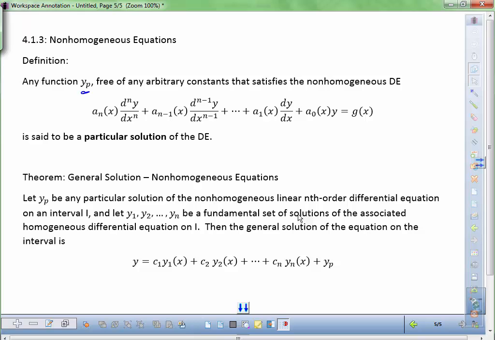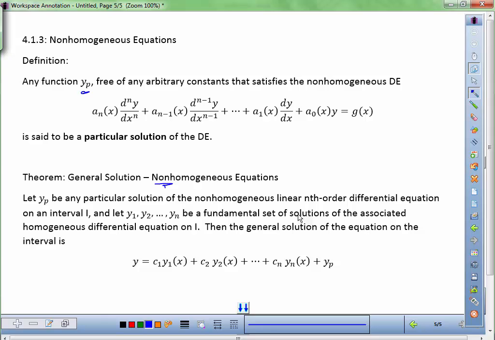All right, so a general solution for a non-homogeneous differential equation needs your fundamental solutions and a particular solution that would work for that non-homogeneous differential equation. And if you string up your fundamental solutions like you did before for the homogeneous part and tack on that particular solution, then you have the general solution for your non-homogeneous differential equation.